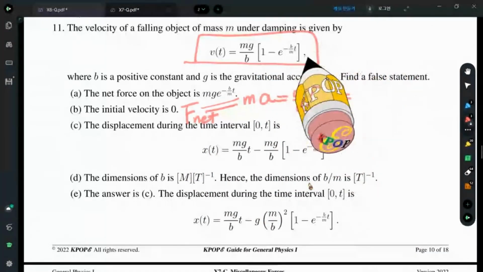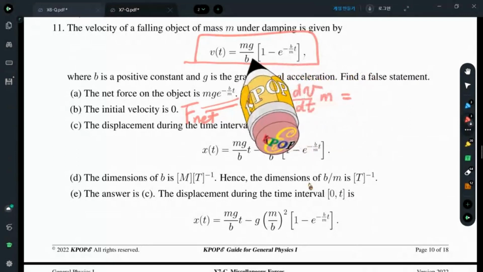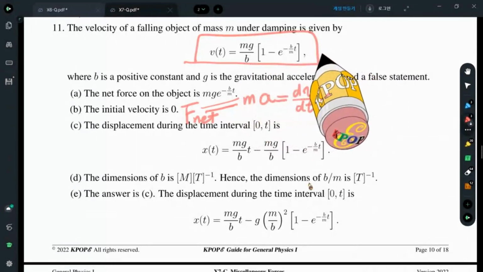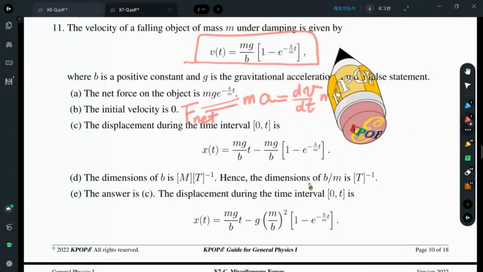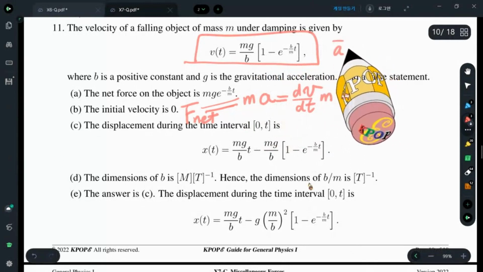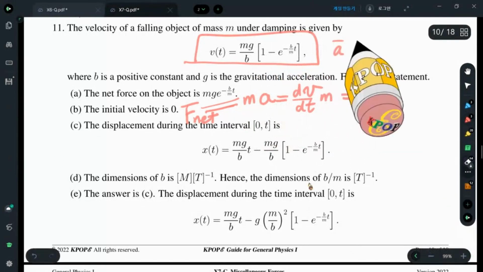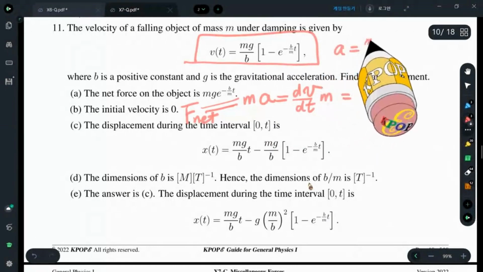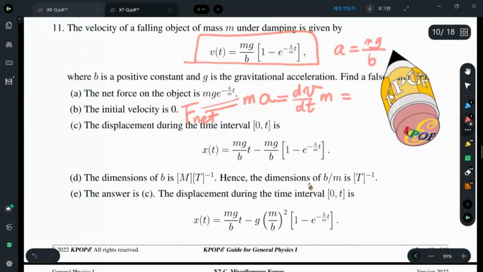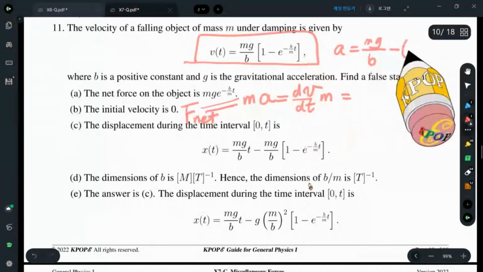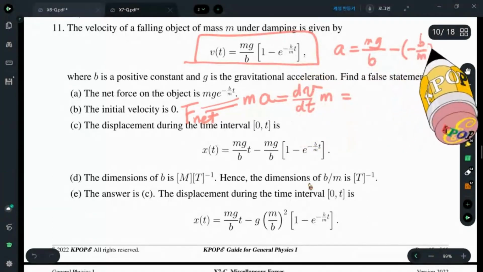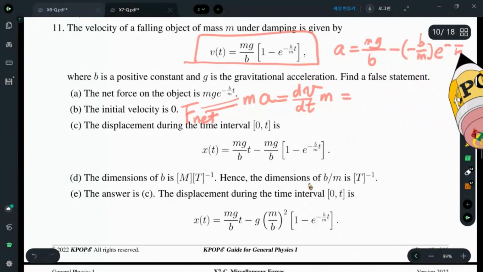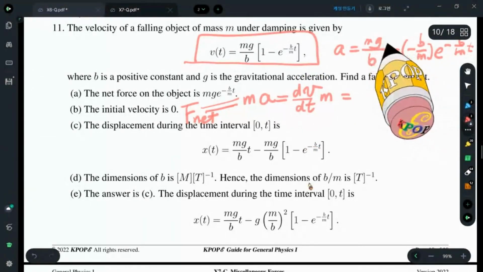So first what I have to do is take the time derivative, and because it is constant, acceleration is mg over b minus b over m exponential minus b over m t.